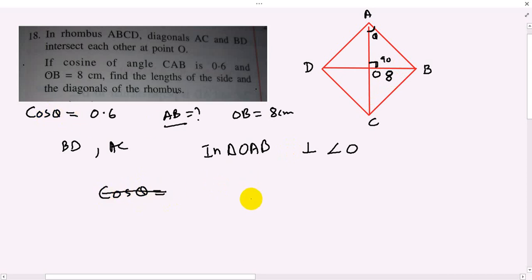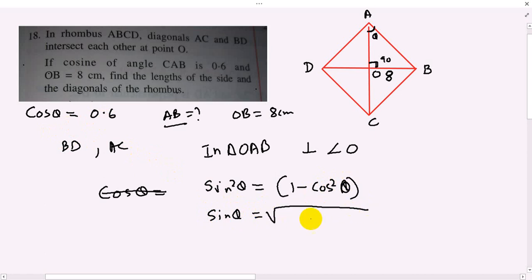We know the identity sine square theta is equal to 1 minus cos square theta. So sine theta is equal to square root of 1 minus cos square theta.